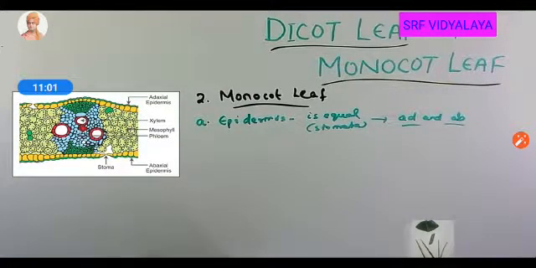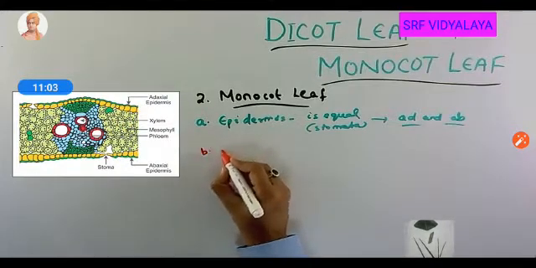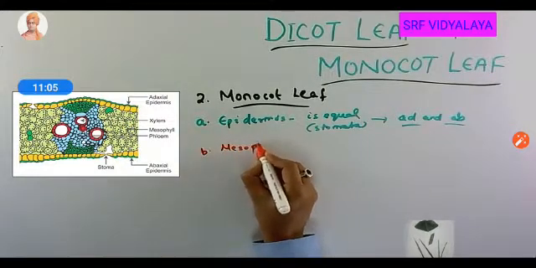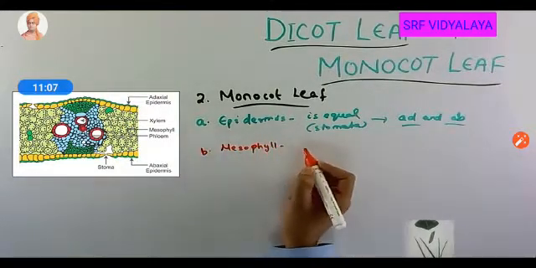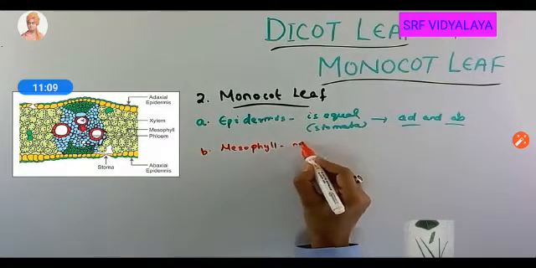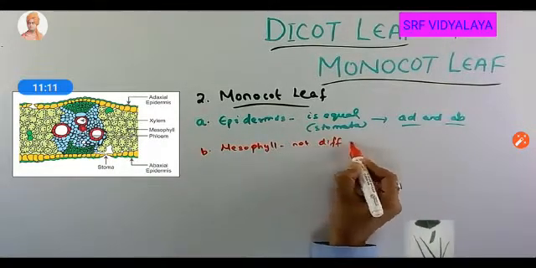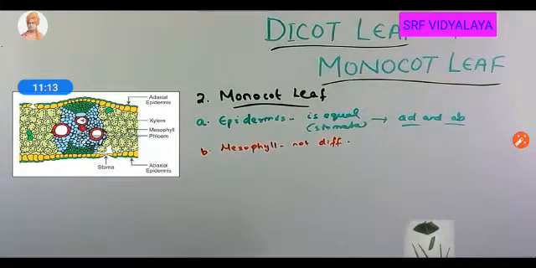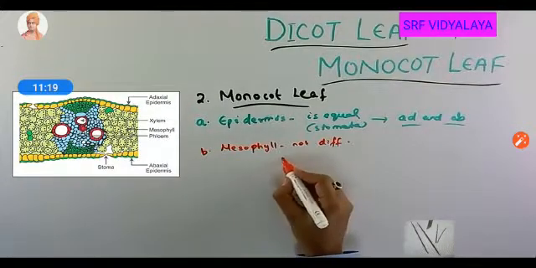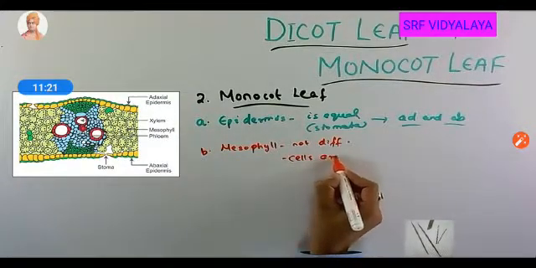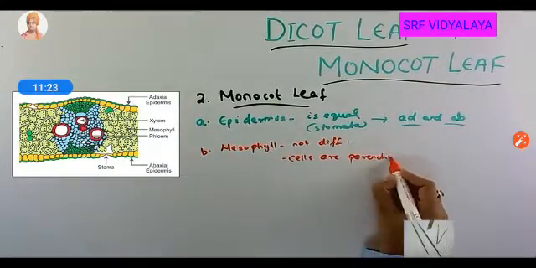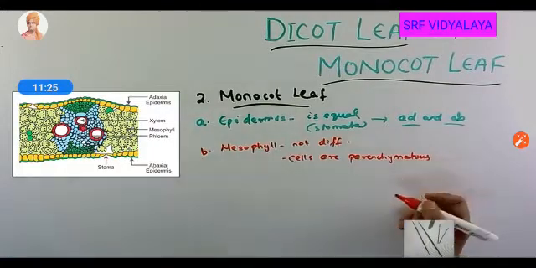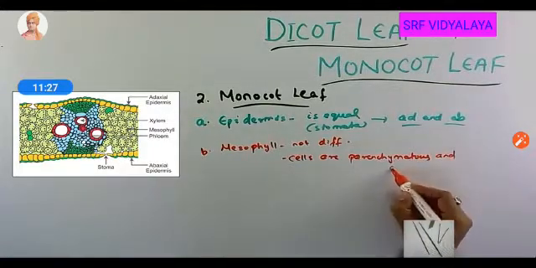Coming to the second, the mesophyll. The mesophyll is not differentiated here, as it was differentiated into Palisade Parenchyma and Spongy Parenchyma in the dicot leaf. In the monocot leaf it is not differentiated, and the cells are parenchymatous and contain chloroplast.